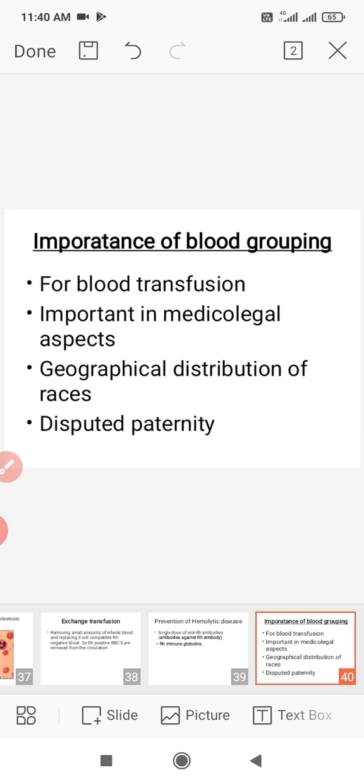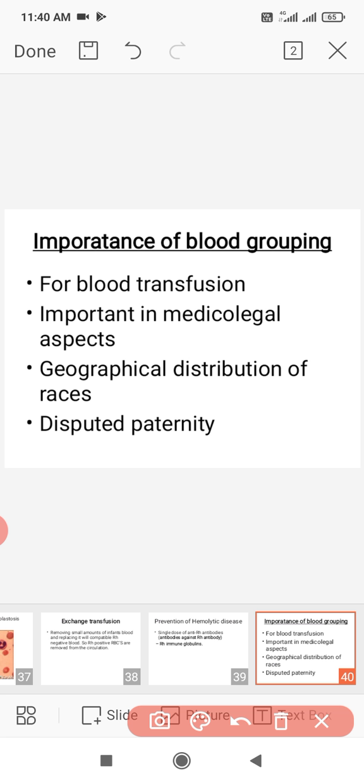Next, the importance of blood grouping. Why do we have to find out our blood group? One is for blood transfusion, transferring blood from donor to recipient, so it is very important to know the blood group. It is also important in medico-legal aspects.